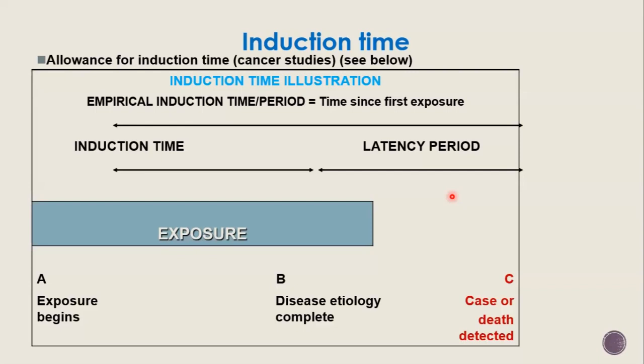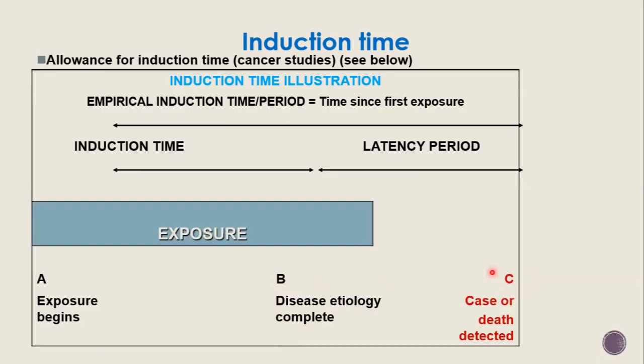Not really, sir. All right, let me go through it again. I did say something I should not have said. Let me go over it again. Exposure begins at A. The disease etiology is completed at B. And you can now diagnose a case earlier.